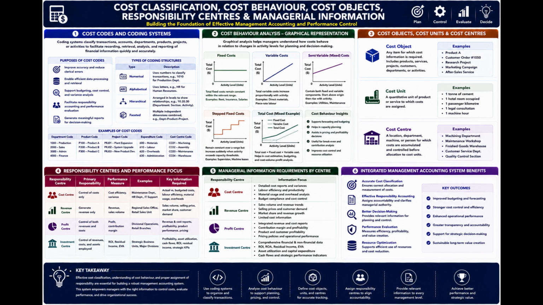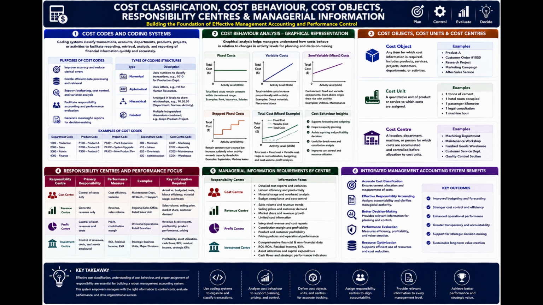A cost center, by contrast, is a location, department, machine, or person for which costs are accumulated and controlled before allocation to cost units. Examples include machining departments, maintenance workshops, warehouses, or customer service departments. Cost centers facilitate responsibility accounting by assigning cost control to specific organizational units.